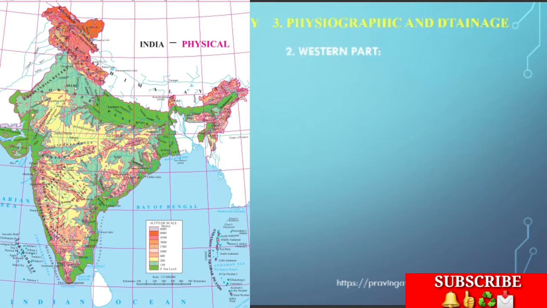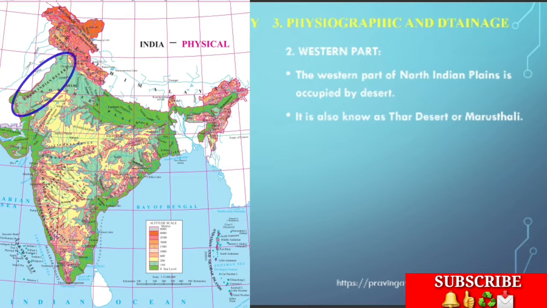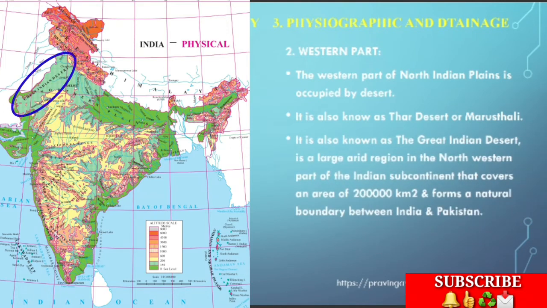Now students, we shall try to understand the western part of the plains. Okay, see now, the western part of North Indian plains is occupied by desert. In the picture you can see, students, it is also known as Thar desert or Marusthali. It is also known as the Great Indian Desert.